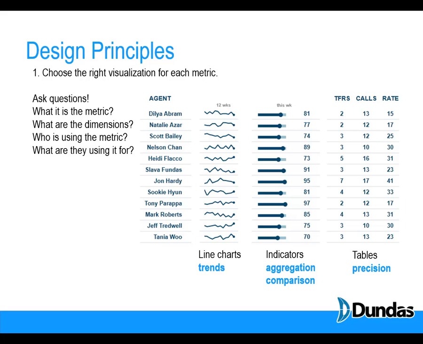But be careful with this because it's difficult to provide context in a situation like this, and context is something I'll talk about a bit later. So 3 different visuals here, all informed by the 4 questions on the left-hand side. Really dig in. Don't just slap a pie chart on there. Dig in and find out what it's going to be used for before you even pick the visual design of the metric.